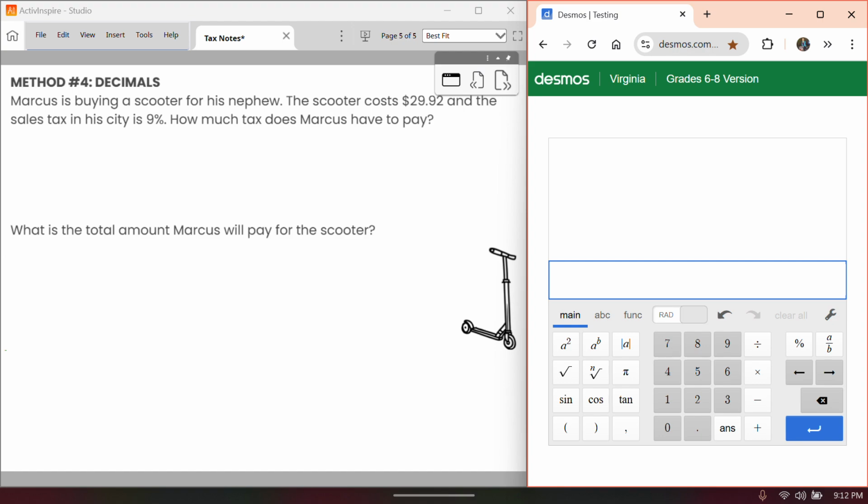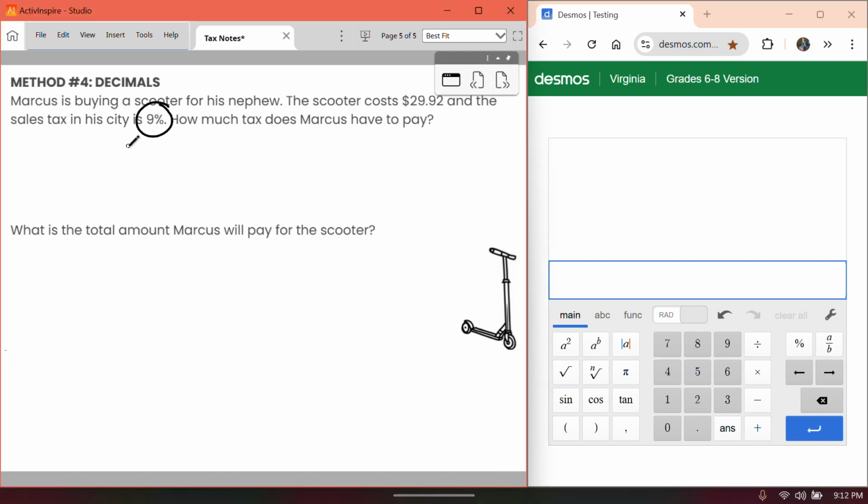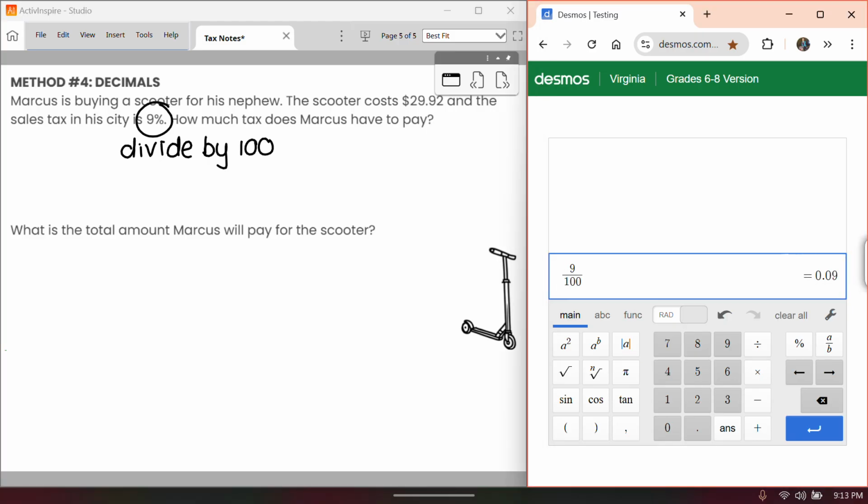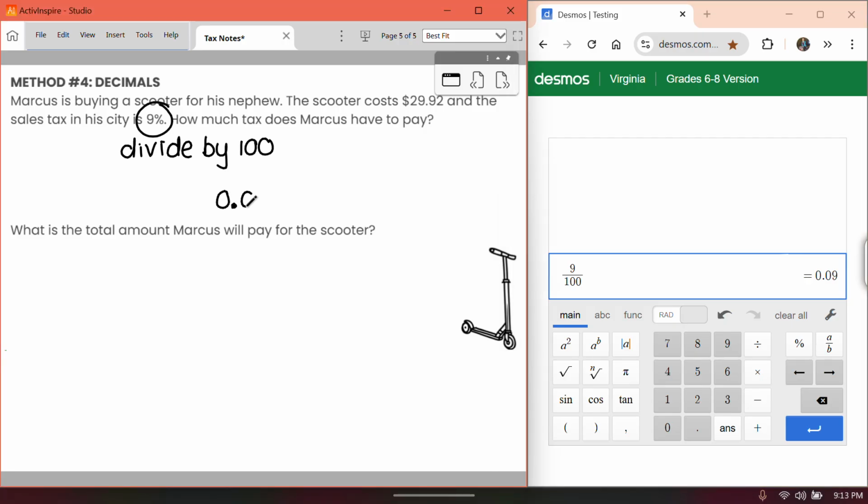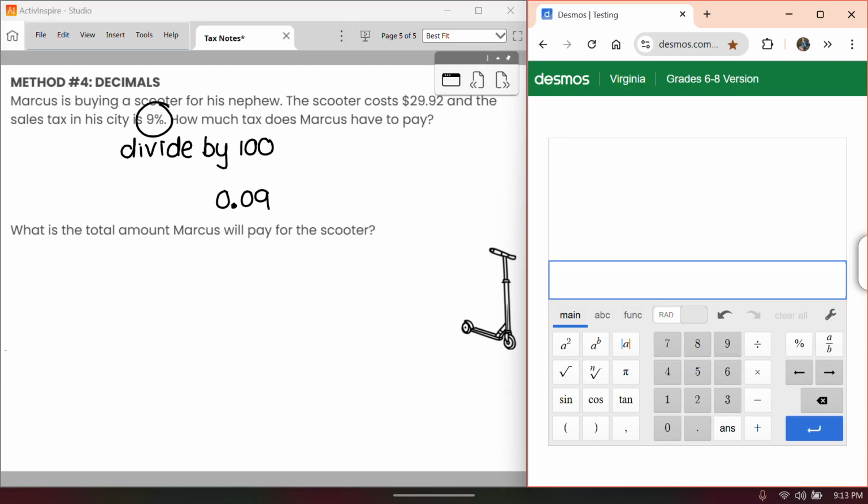So the way that I do that is I take my percent and I have to change it into a decimal first. And the way I do that is to divide by 100. So in Desmos, I'm going to do 9 divided by 100, and that's going to change it into a decimal for me. And then I'm going to multiply that answer by the price of the scooter.